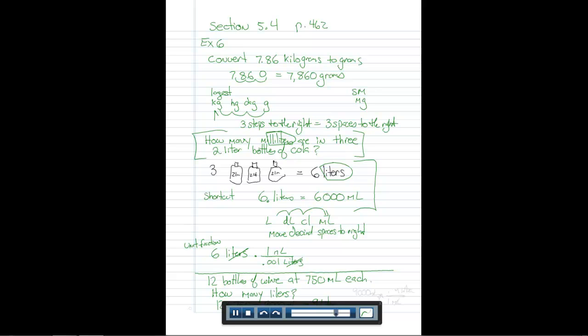And then if you did the fraction one, you have to put the milliliters under the 1 liter. So if you took the 9,000 milliliters and wanted to use the fraction that I had circled here, I would want the milliliters to cancel on that.